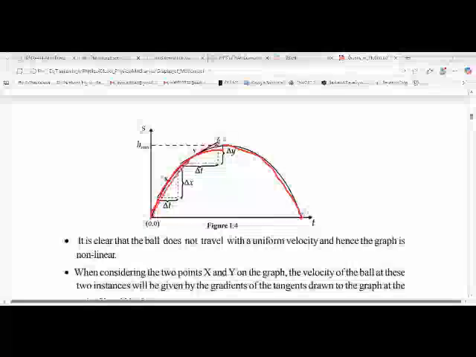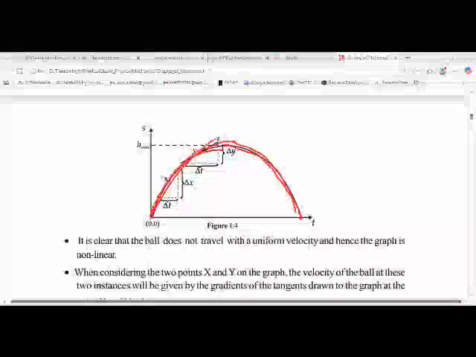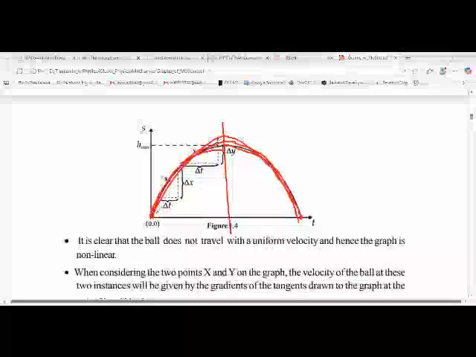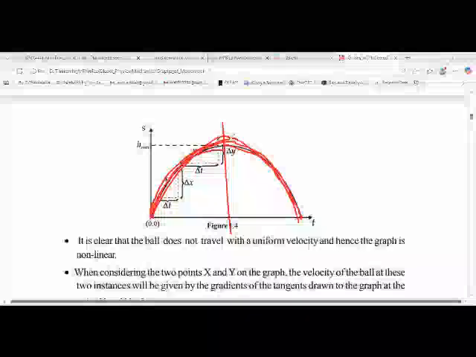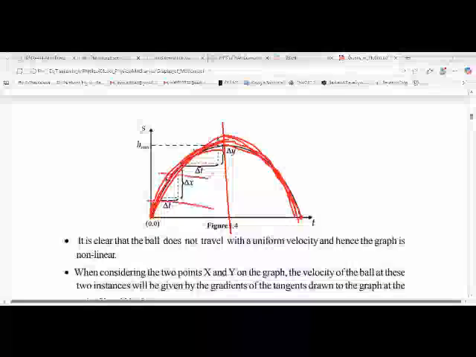Displacement increasing and decreasing means away from and towards the observation point. There are two parts. Also, if you talk about acceleration and deceleration, this part represents deceleration and this part represents acceleration. You can determine this using inclination or gradient.